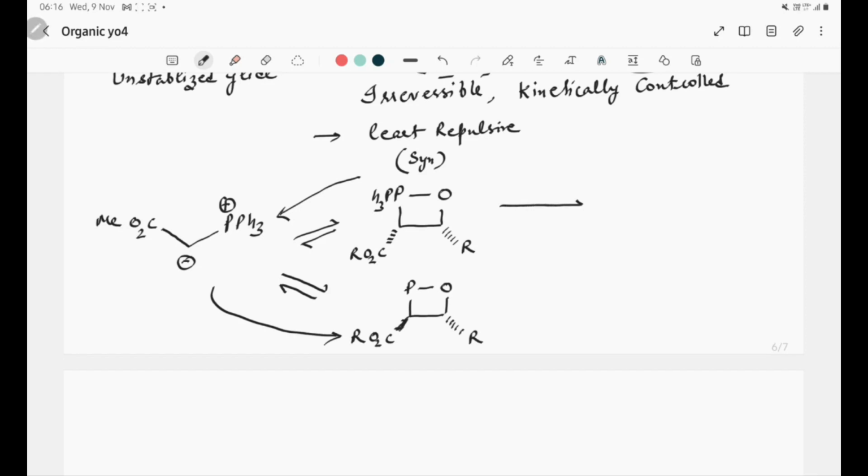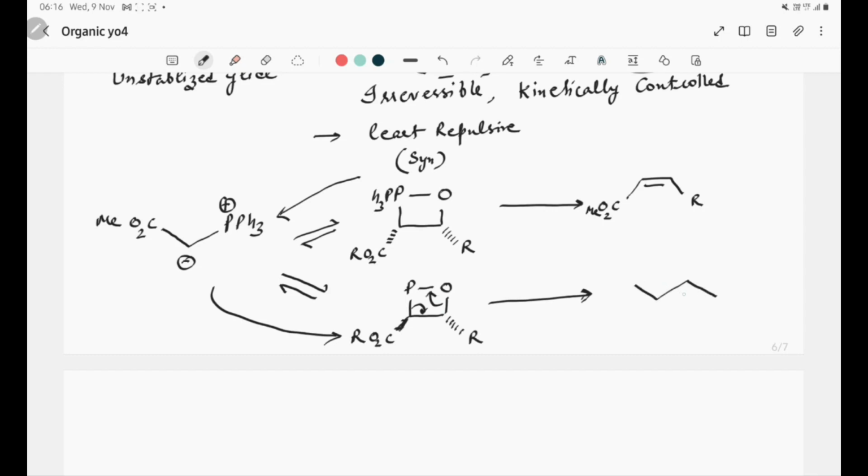This will result in formation of Z alkene, which is sterically less favored, whereas this anti isomer, which is more stable, will always form E alkene as your major product.